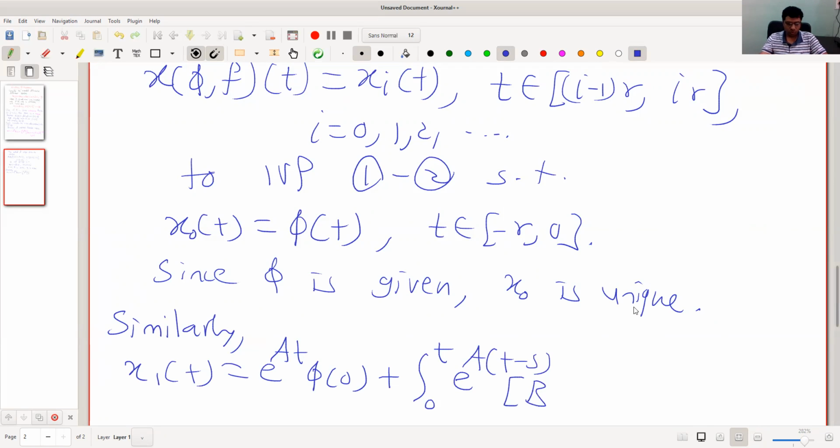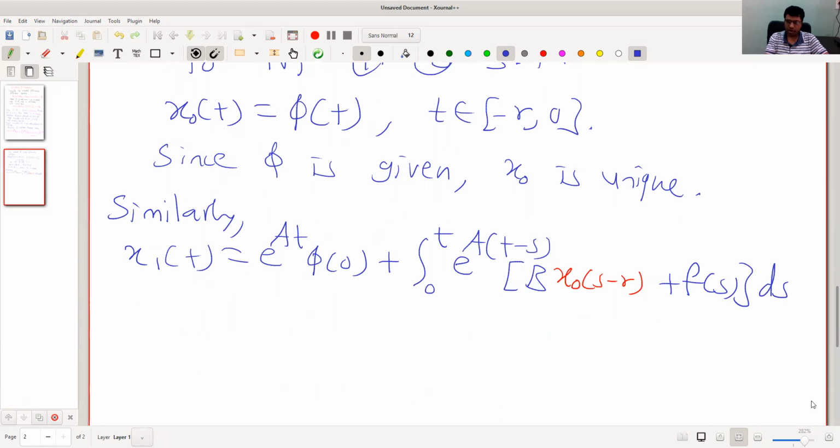Now we write x0 of s minus r. x0 is known. Instead of x, we substitute x0, plus f of s ds.